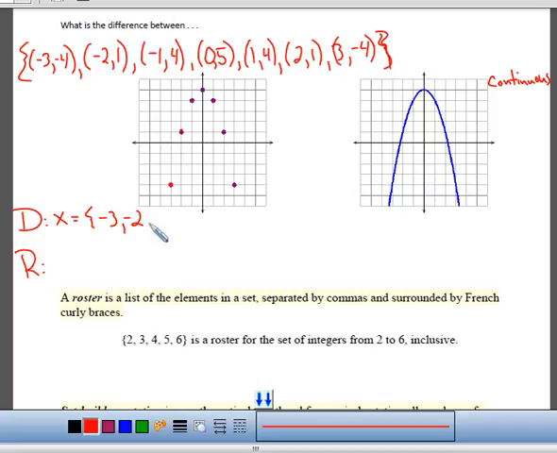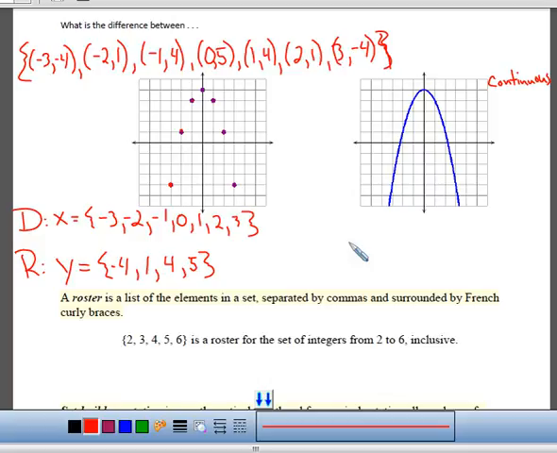I'm going to keep working. We got -1, 0, 1, 2, and 3. And then for the range, remember, we don't repeat numbers and we go in order from least to greatest. So -4 is the smallest number, and there are two of them, but we just write one. Then the next numbers are 1, 4, and 5. So domain and range, pretty easy.